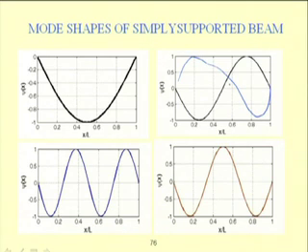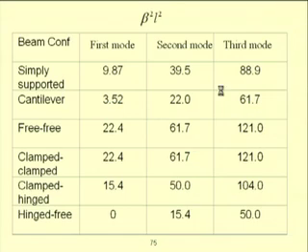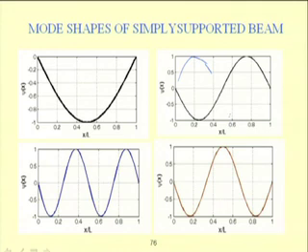Here one can observe a single node, a single node is observed at the middle point. Similarly, the number of nodes goes on increasing with increase in the modes of the system. So, this is for simply supported beam.